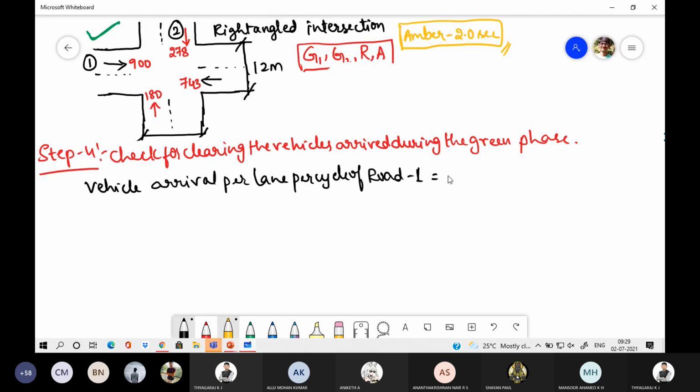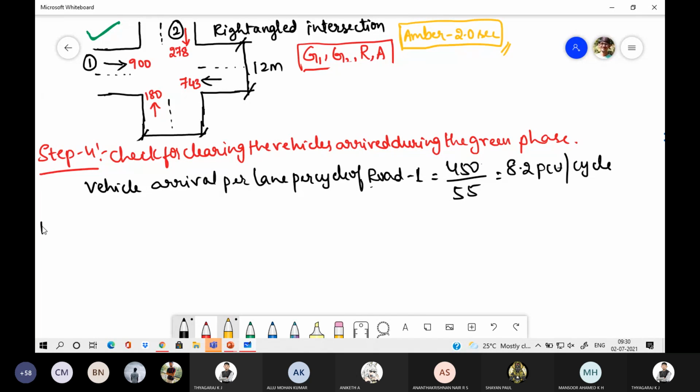In the starting only we have written, right? 450 divided by 55, so 8.2 PCU per cycle. So vehicle arrival per lane per cycle means the design traffic divided by the total signal time we are going to consider. So we are going to get 8.2 PCU per cycle.